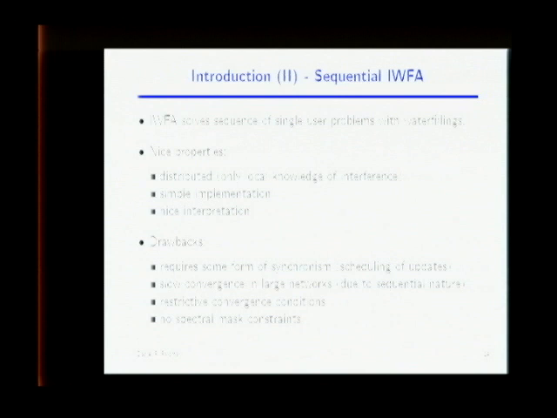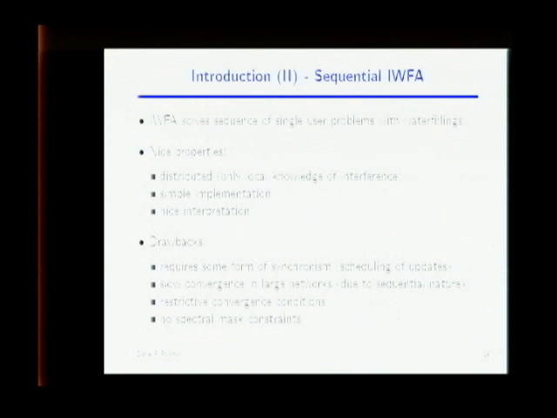This is interference channel. It's very nice because it's distributed. Each user only needs to measure the interference and then do a waterfilling on that interference. So it's completely distributed. Each user doesn't need to know the channels from the other users or the power constraints from the other users. Nothing. It has a very simple implementation. At each iteration, one user does waterfilling. That's it. And it has a nice interpretation, of course.